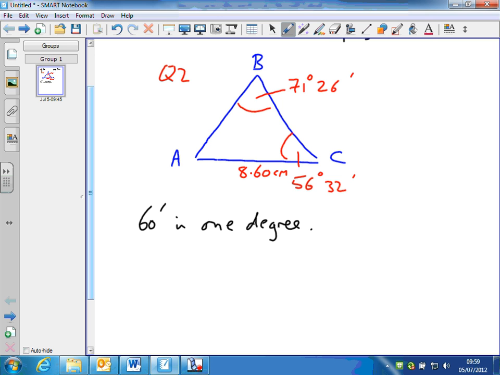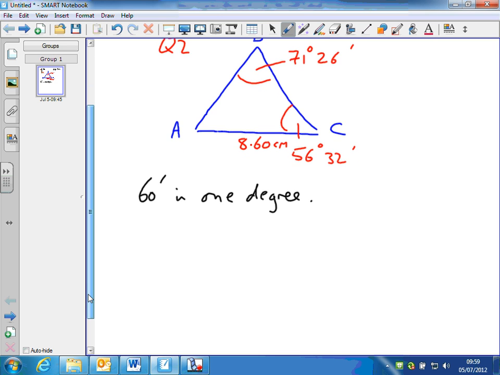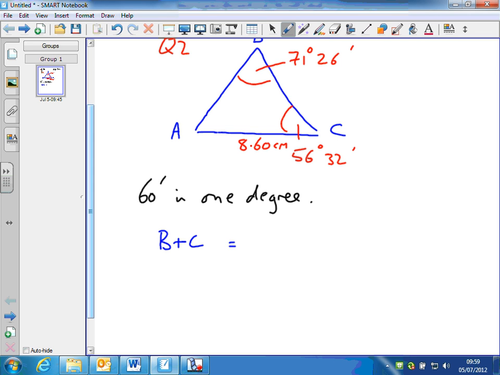So, like in time, 60 minutes in an hour, there's 60 minutes in 1 degree. So what I do is add up angles B and C. So B plus C equals 71 degrees 26 minutes plus 56 degrees 32 minutes.